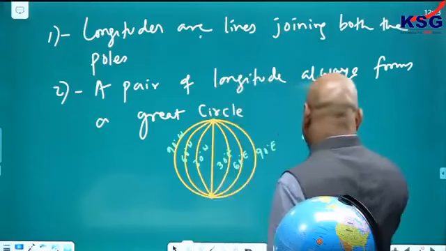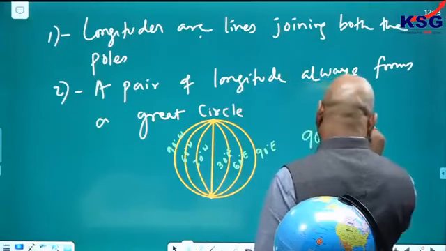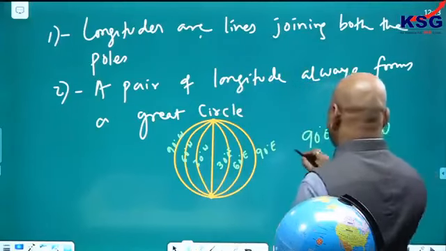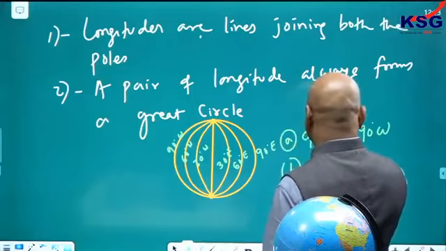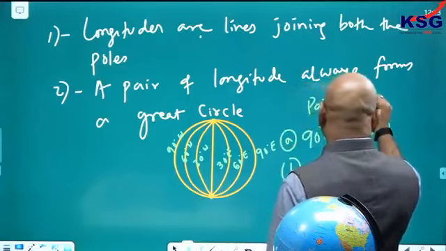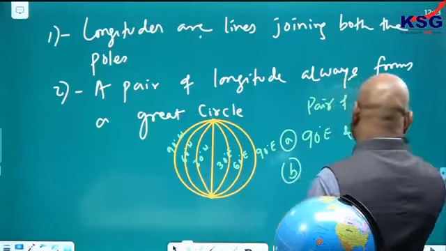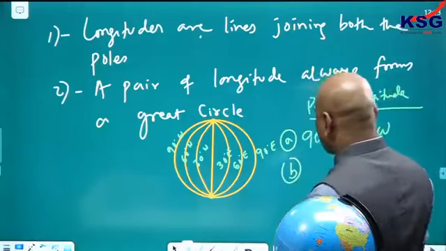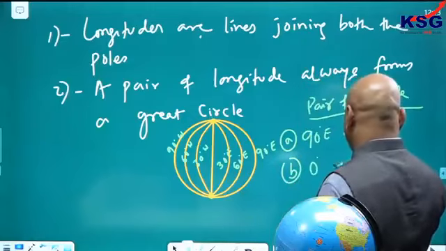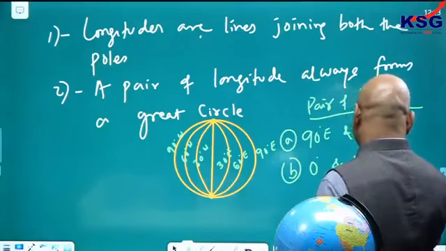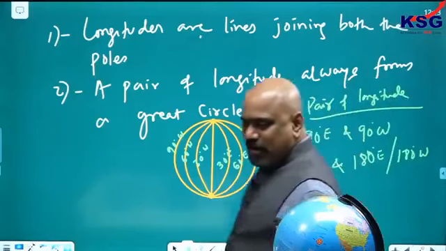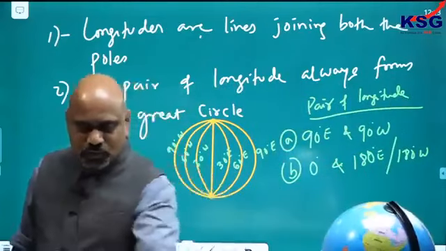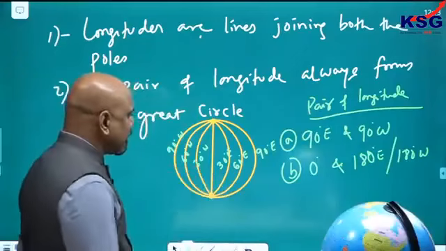See here, 90 degree east and 90 degree west, they are a pair of longitude. 0 degree and 180 degree east or 180 degree west, it is also a pair of longitude.